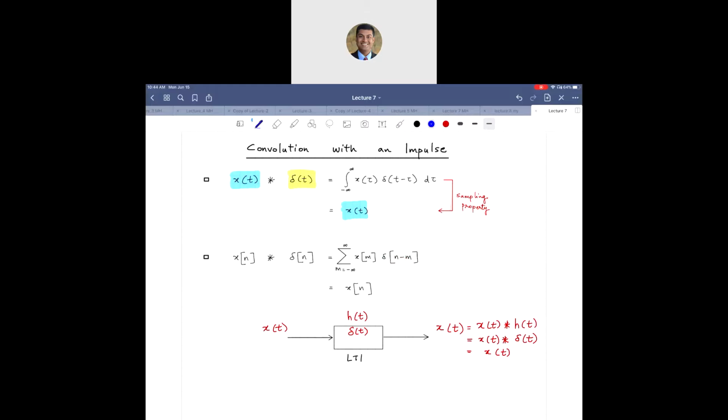So I can write this as equals 1 only when n equals m, which means that this summation will evaluate to x of n.